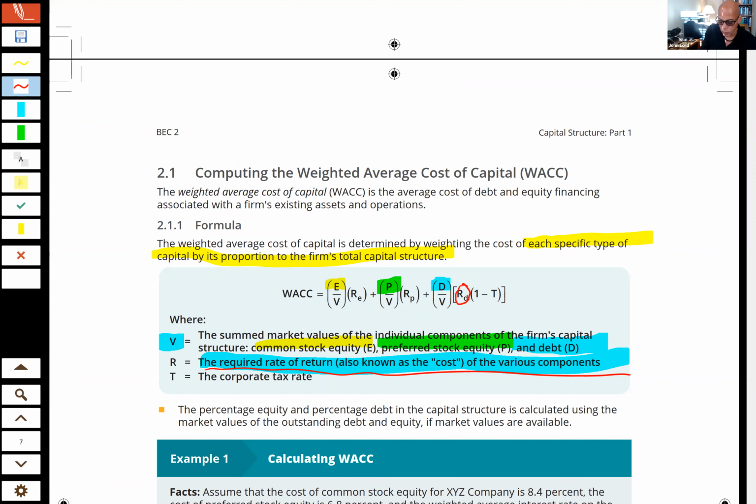But notice what we do here is we go ahead and we multiply that by 1 minus T, and T is the corporate tax rate. Now we're doing that because interest is tax deductible. So once we have shielded that much income because of our interest expense, our interest expense is going to be reduced by the tax benefit. So to really get the true interest rate after tax, we multiply that times 1 minus the tax rate.